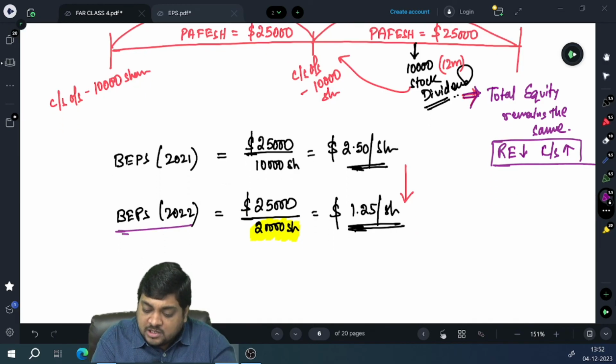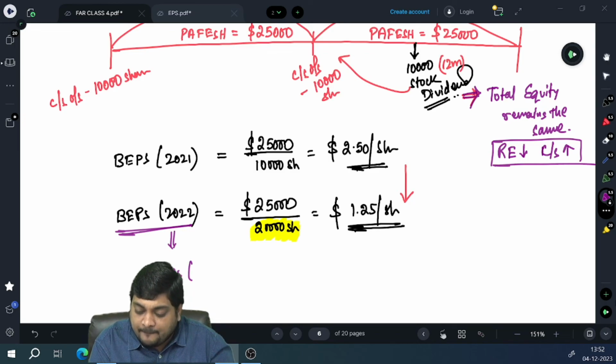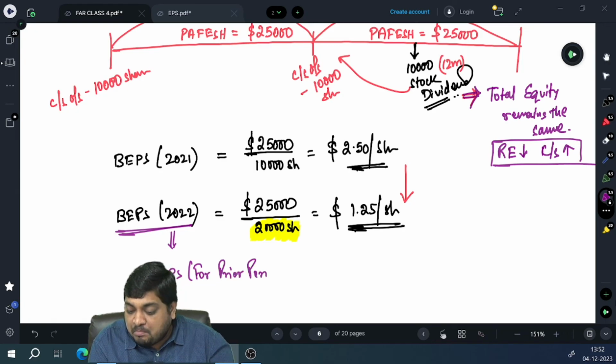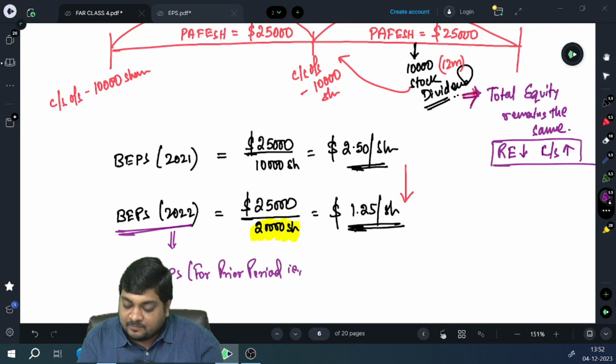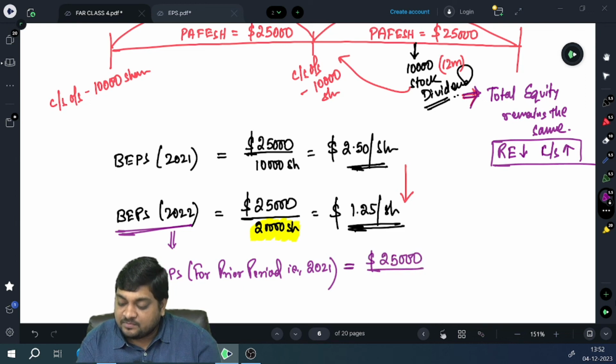for 2022, when we report BEPS for prior period, that is 2021, so we will show its effect. So for 2021, what was BEPS?